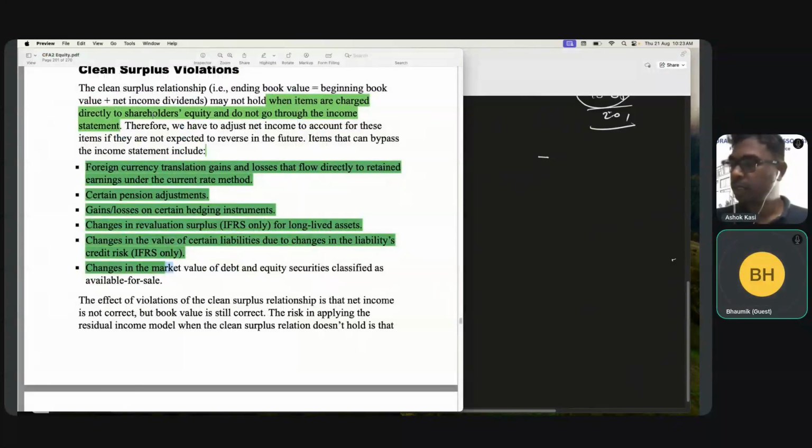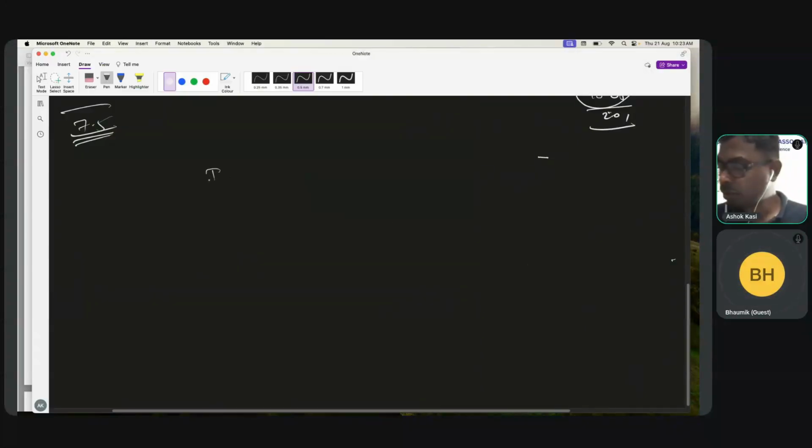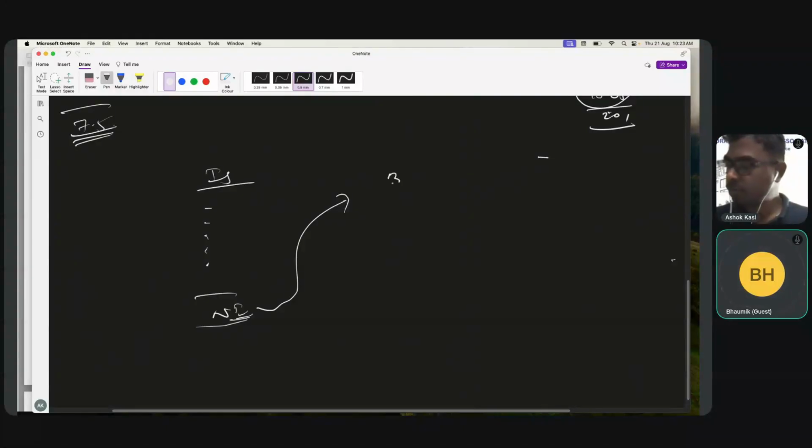Now clean surplus violation means normally all income statement balances should go to the balance sheet. That is called clean surplus account.